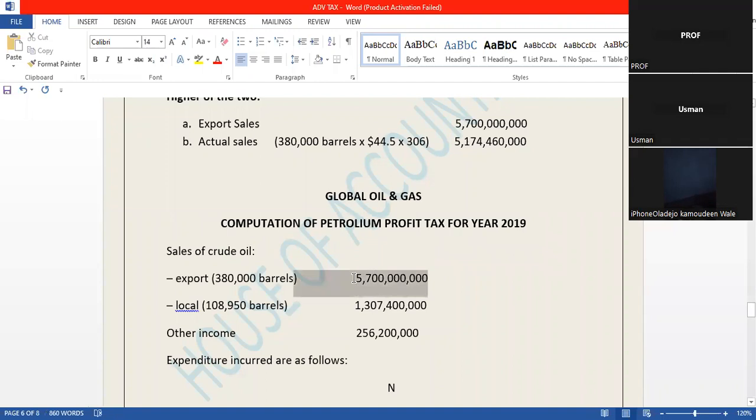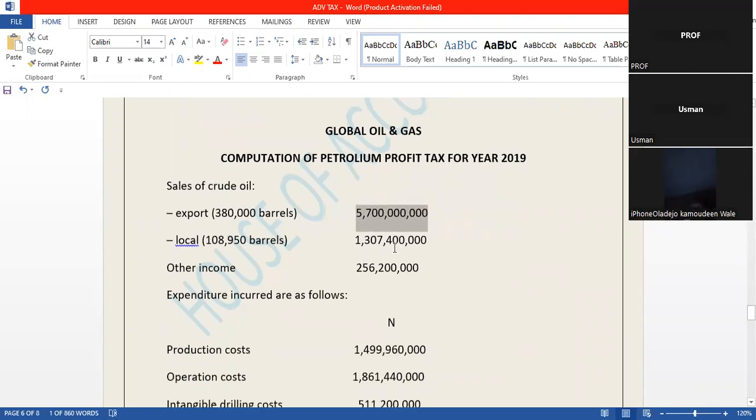For the export figure, we have 5.7 and we have 5.1. So we are going to pick the higher, which is 5.7. Then the local sales will still remain the same based on what we have here. Other income will be treated later.